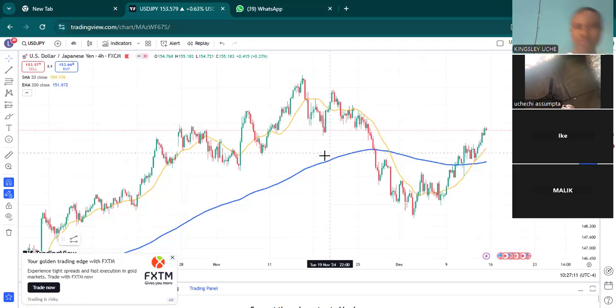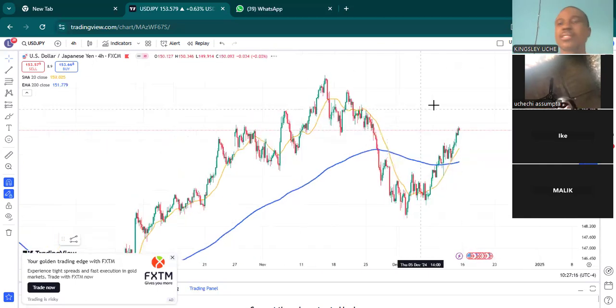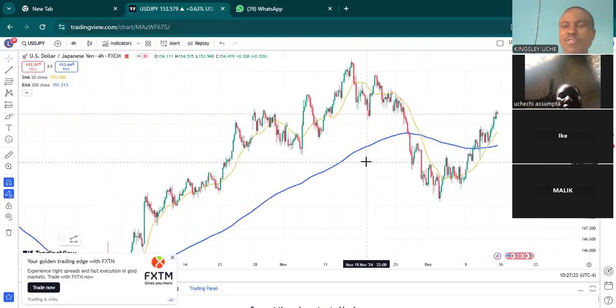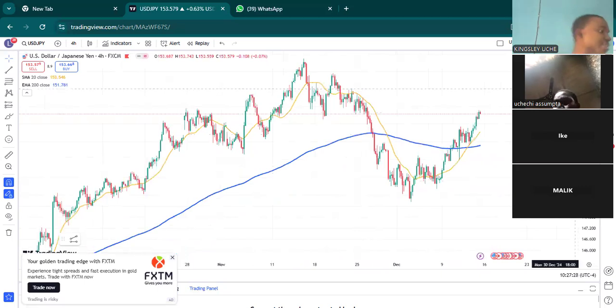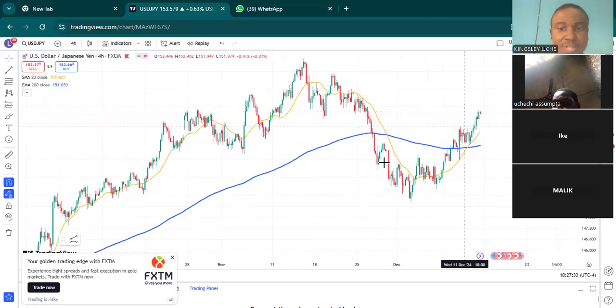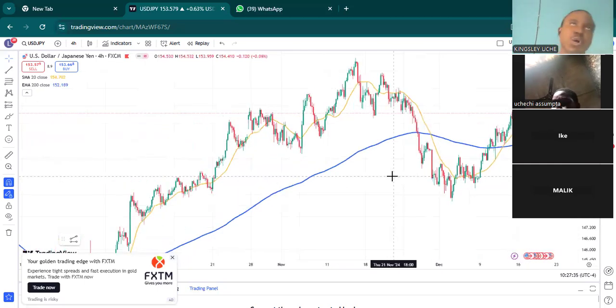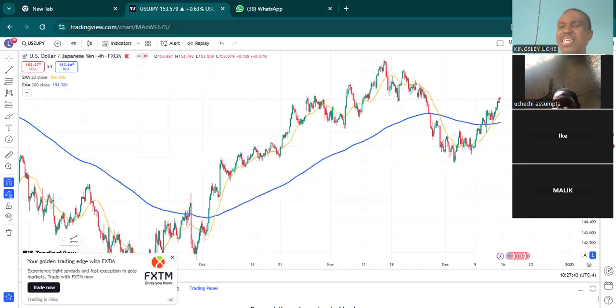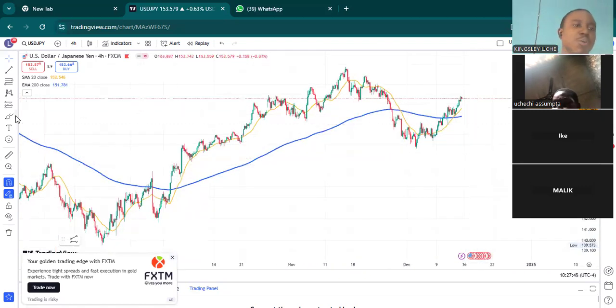Before you look for a pair to start, the first thing to do is to know if the market is in an uptrend or a downtrend. That's the first thing if you want to understand my strategy. At the moment, if you look at the USD JPY, you can see the market is in an uptrend move.